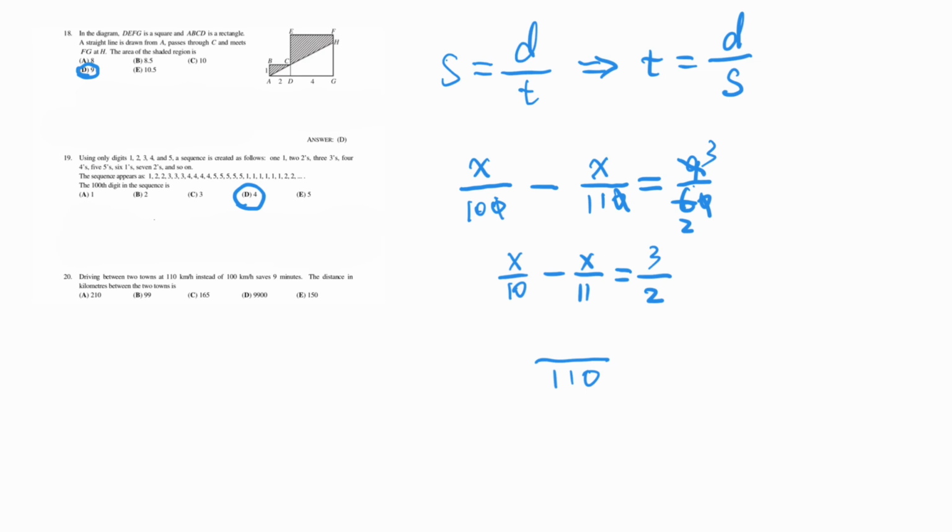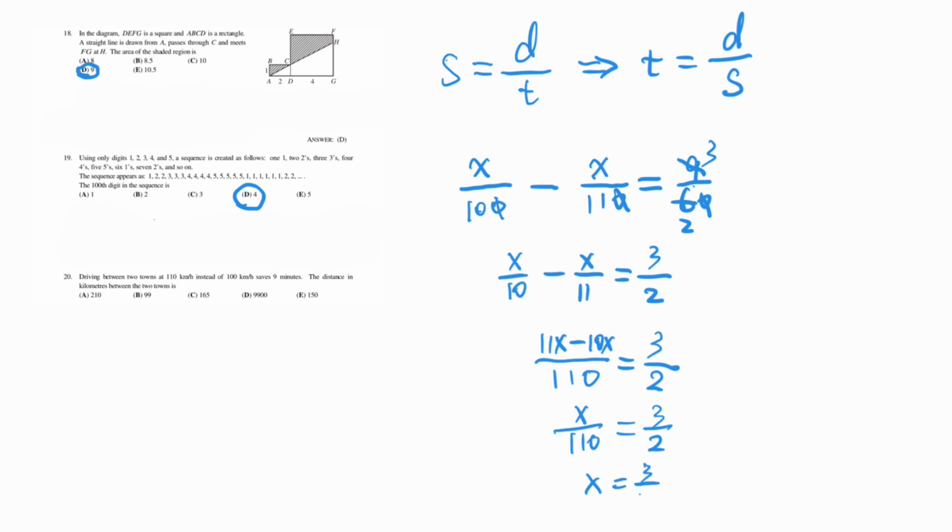So that's 11x minus 10x over 110 equal to 3 over 2. That means x over 110 equals 3 over 2. Isolate x: both sides times 110.